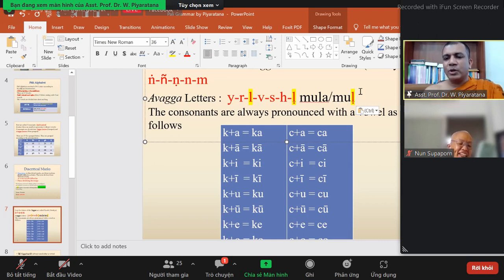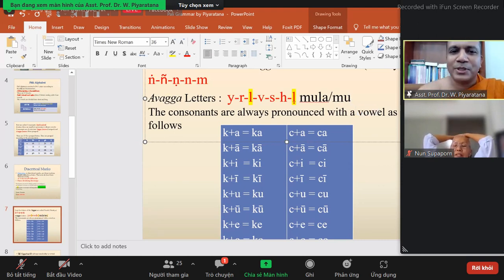But moola means the root. You know kusala moolam, the root of wholesome, kusala moola. Okay, we will come back to this after.